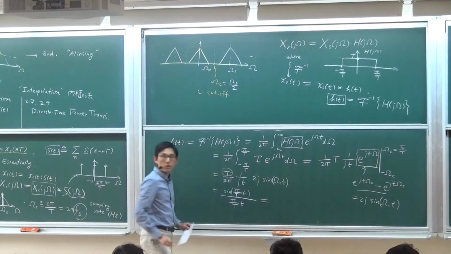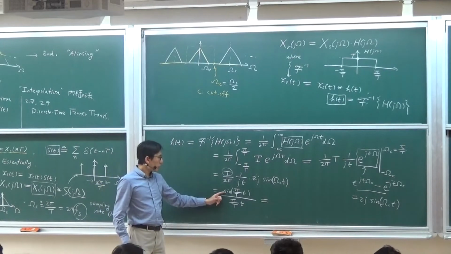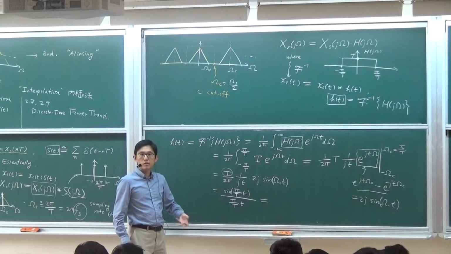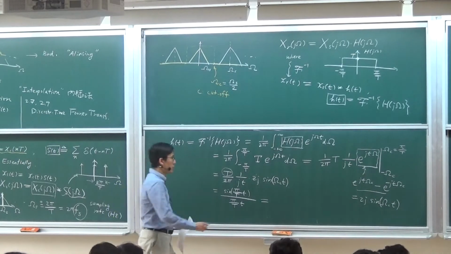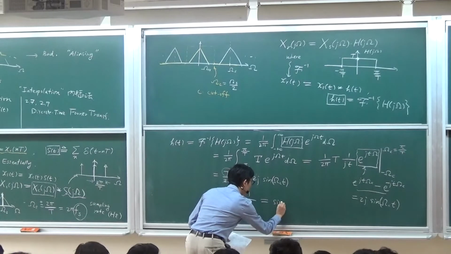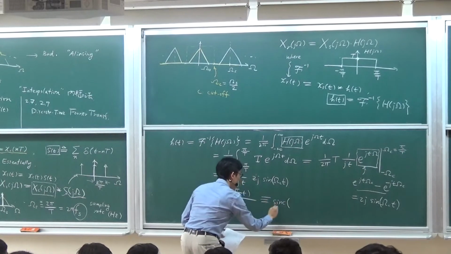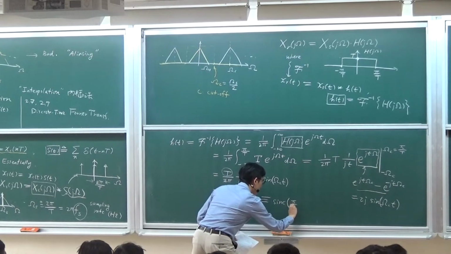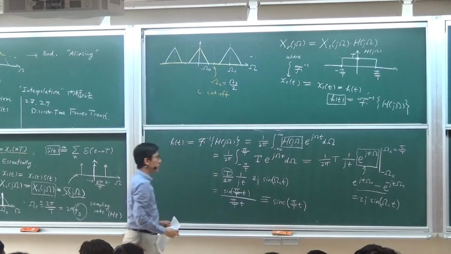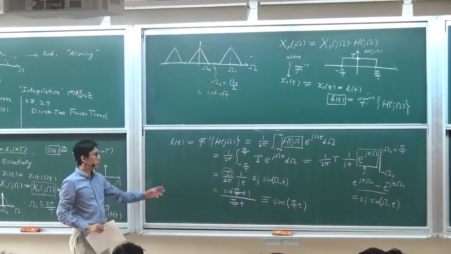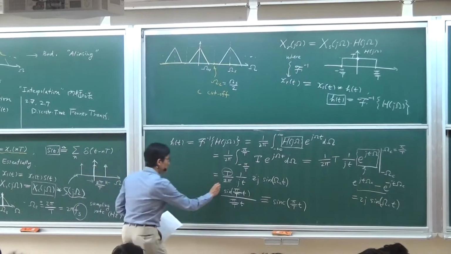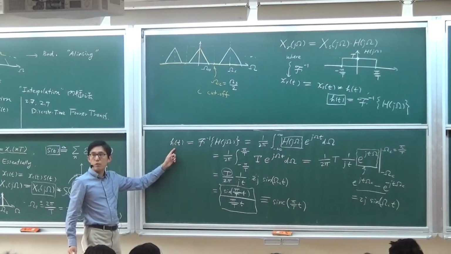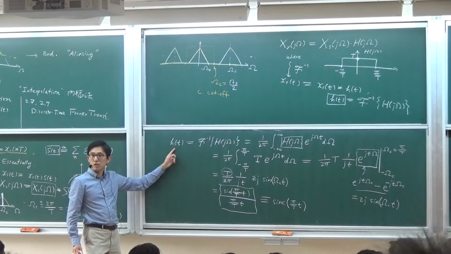And this function actually has a name. If you divide sine of something by that thing, it is sometimes denoted as the sinc function, S-I-N-C. The exact name is not that important, but what is important is the shape. So let's take a closer look at this function. This function is the impulse response of the ideal low-pass filter.